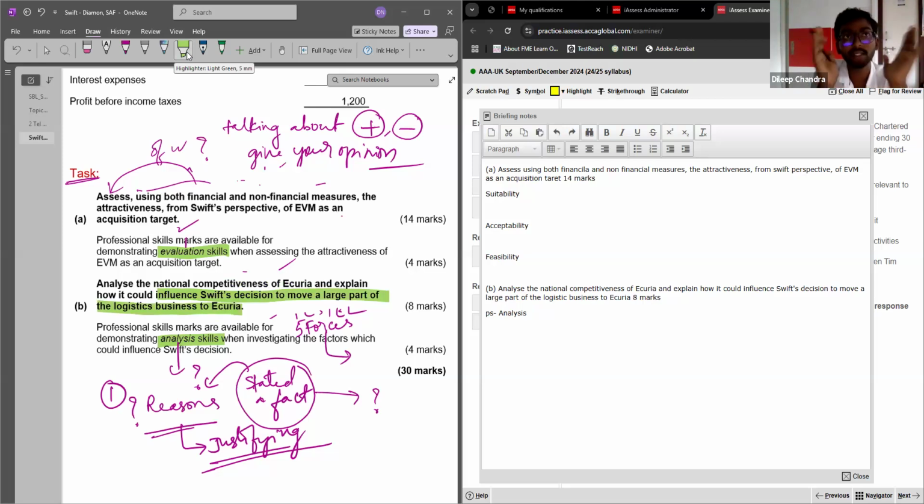Unless that country is best known for whatever business Swift is doing in their current country, they will not shift. I mean, they will not move. So maybe the model being tested here is Porter's diamond.